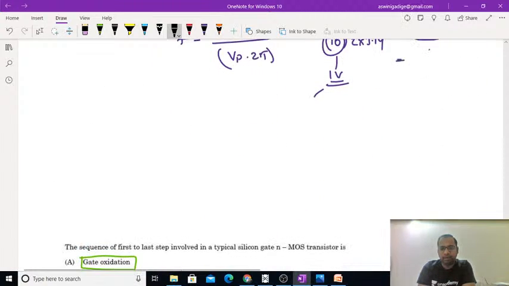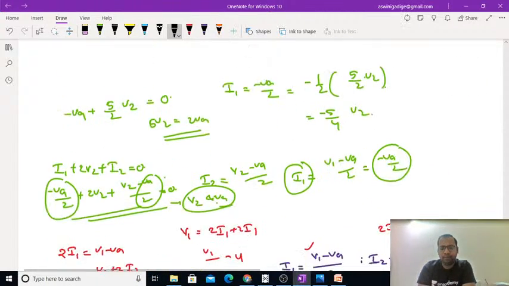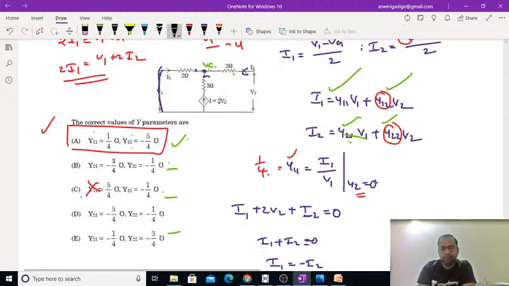And here is one question for your practice: find out the Y21 as well as the Y22. To find out the Y21, you have to short circuit the V2, and then Y21 is equal to I2 by V1.